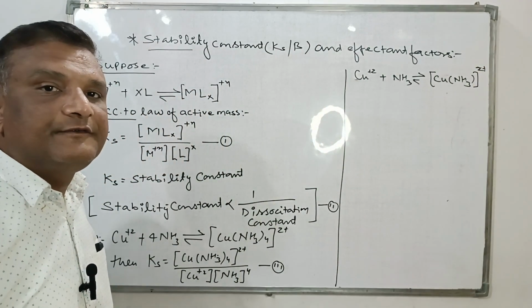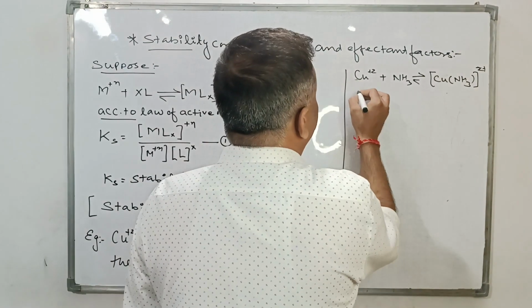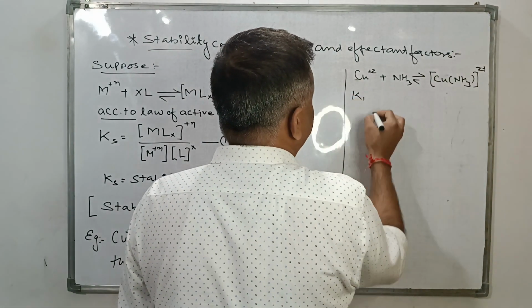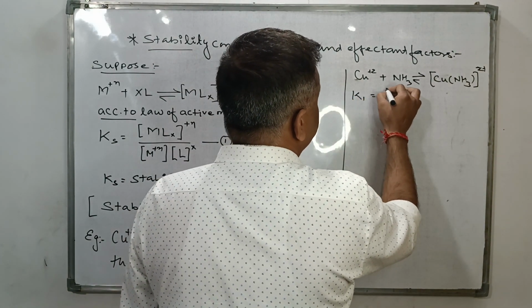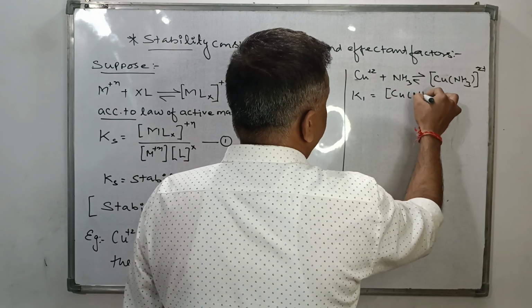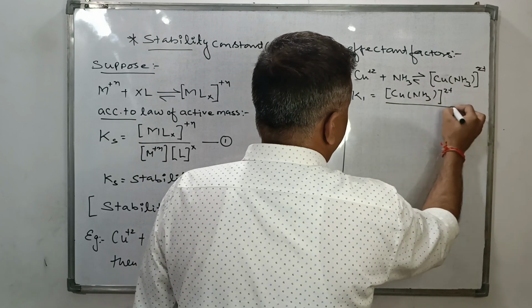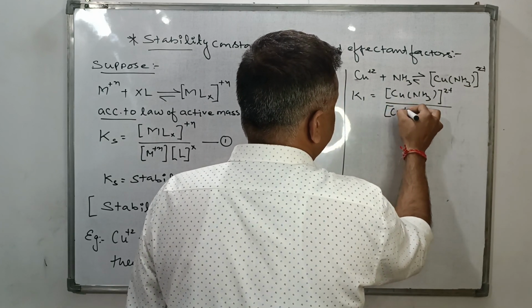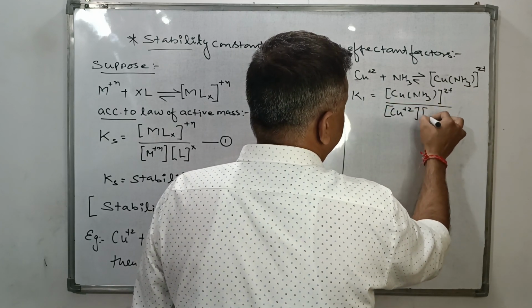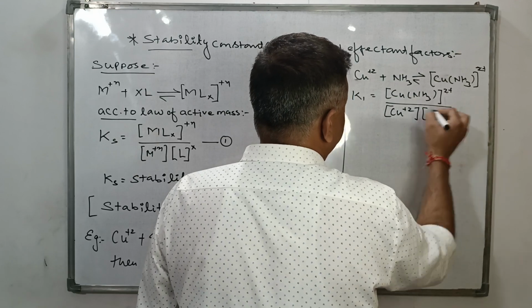This is the first step, so it will be a stepwise constant. K1 equals Cu(NH3) 2 plus upon Cu plus 2 and NH3.